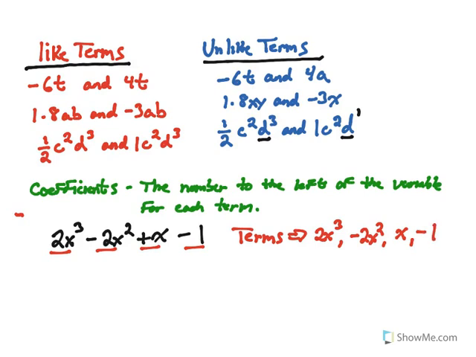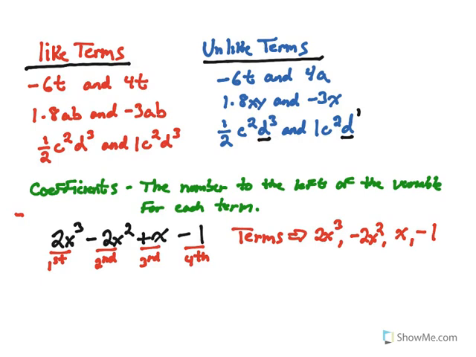So those are the 4 terms that we have. This is your first term, this is your second term, this is your third term, this is your fourth term. So you have a total of 4 terms in this polynomial.